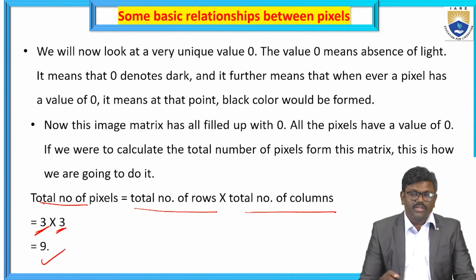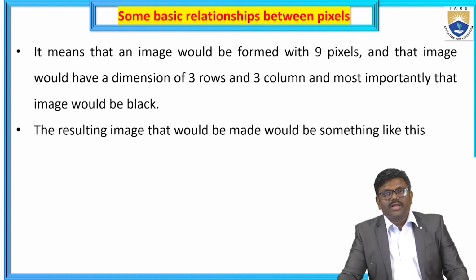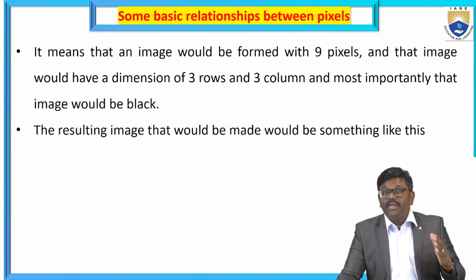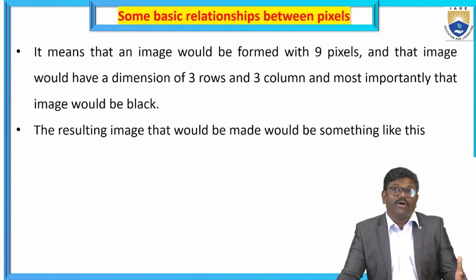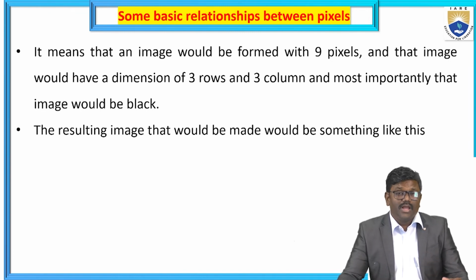Then we find the total number of pixels is 9. So once we have clarity about the total number of pixels from the particular image in terms of matrix, it means that an image would be formed with 9 pixels and that image would have a dimension of 3 rows and 3 columns, and most importantly that image would be black.